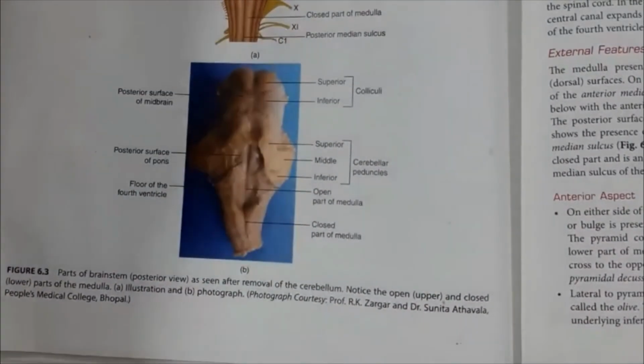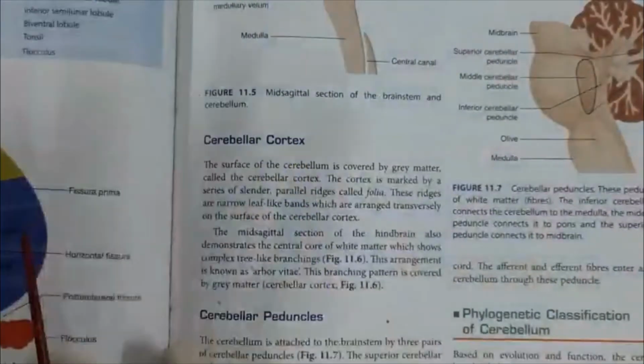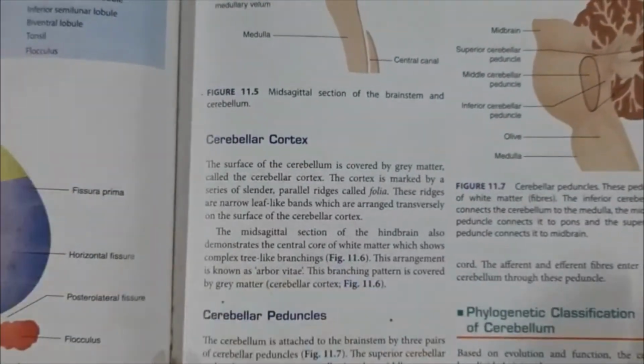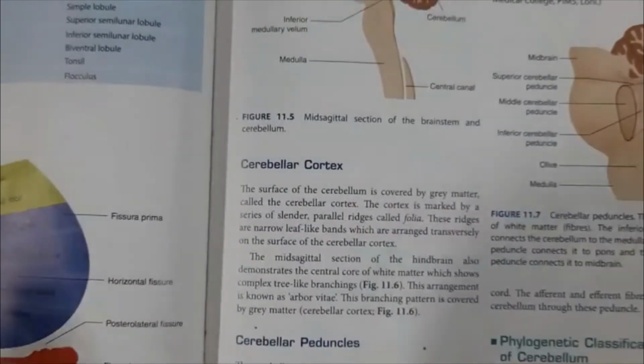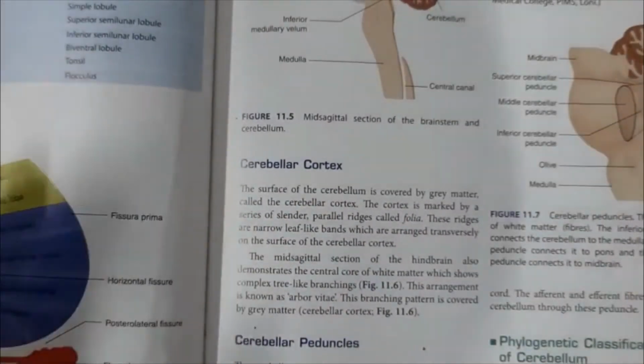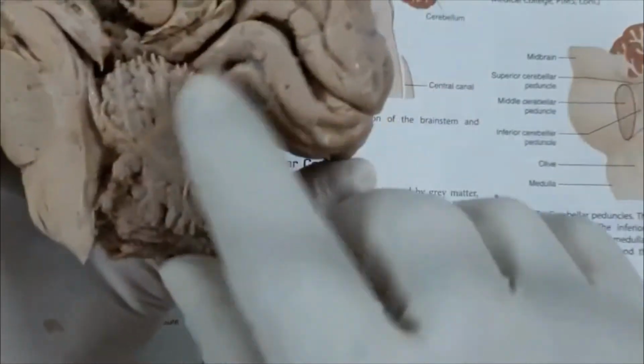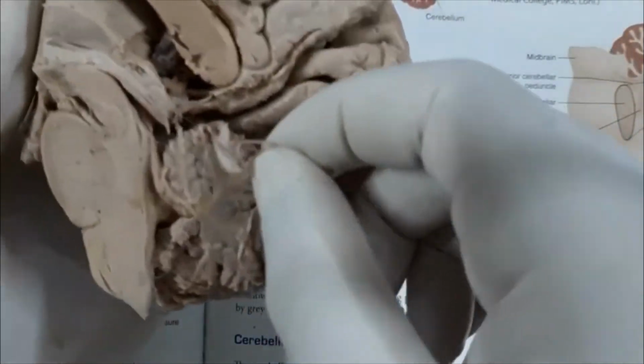Now what I will show you is the arrangement of the gray matter in the cerebellum. If you cut across, it's a mid-sagittal section as we have cut it here. See this, this is the mid-sagittal section of the cerebellum passing through the vermis part.